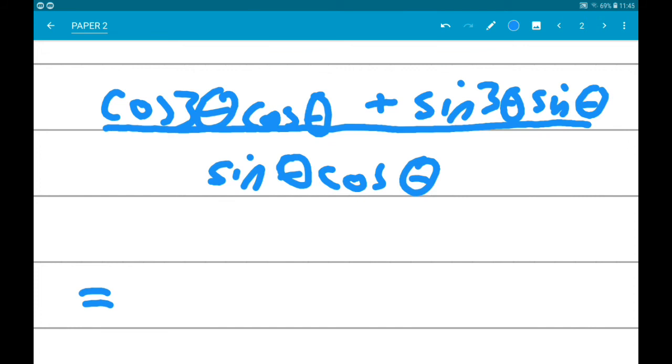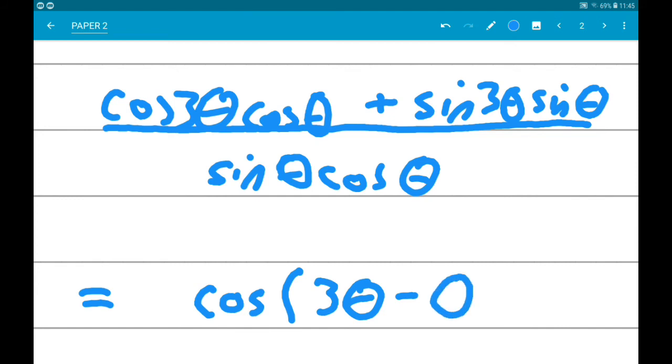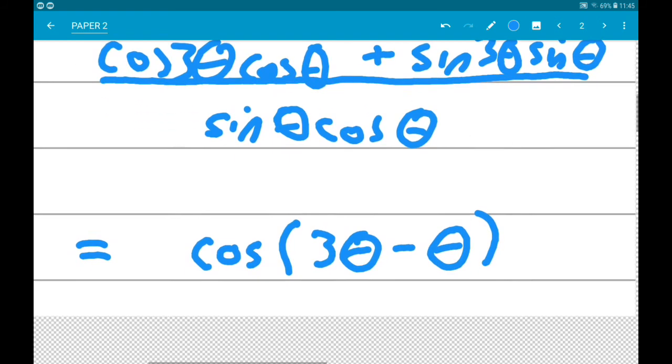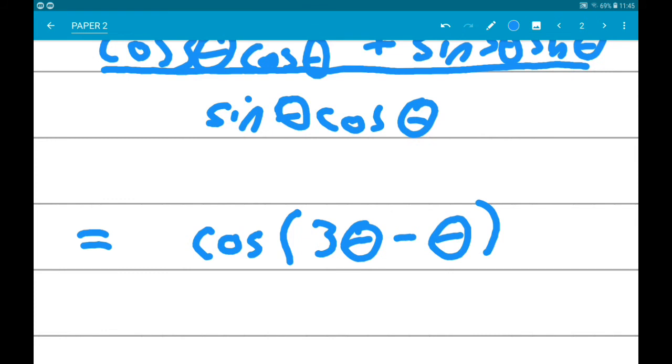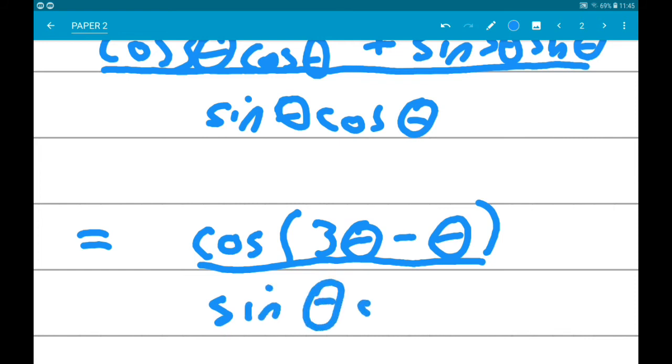So we can say the top is cos of 3 theta minus theta over sin theta cos theta. Alright, so the top is cos 2 theta.